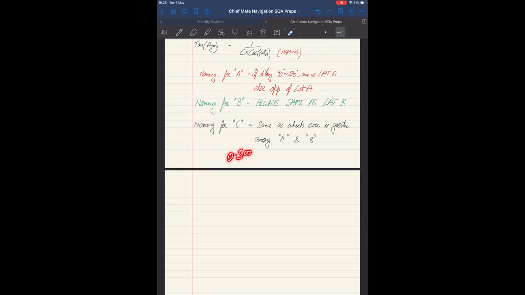So the naming would be same as A. A was 0.500 north, B was 0.300 south, so C name would be north.